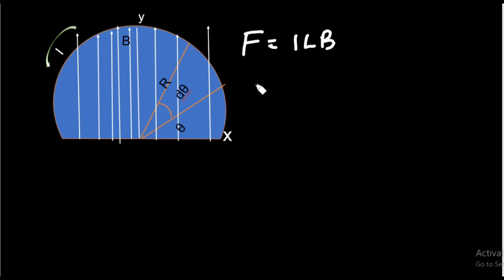So we can call the force on this semicircular arc F2. For us to get this, let us define an infinitesimal length and call it dL, such that we have this configuration.